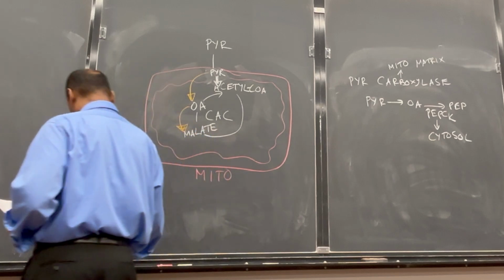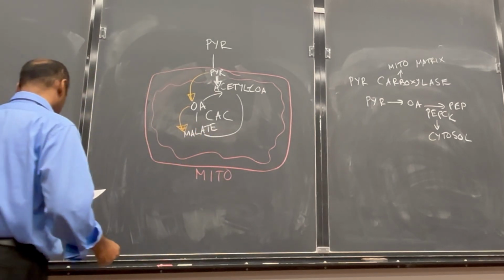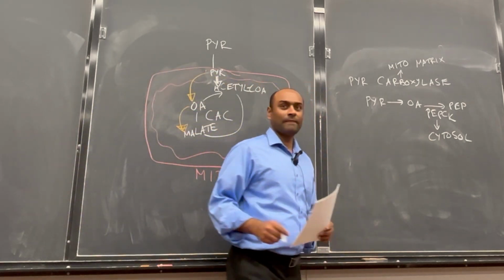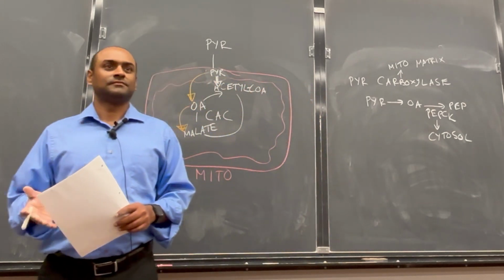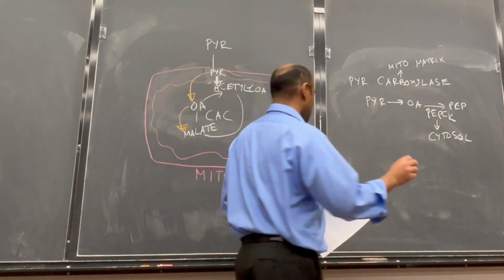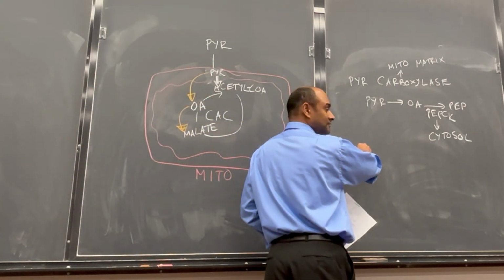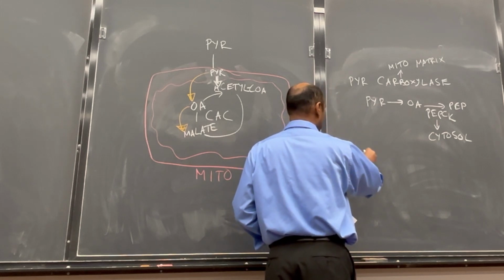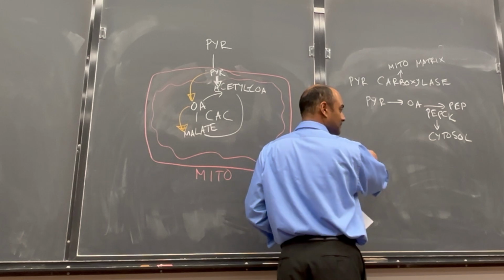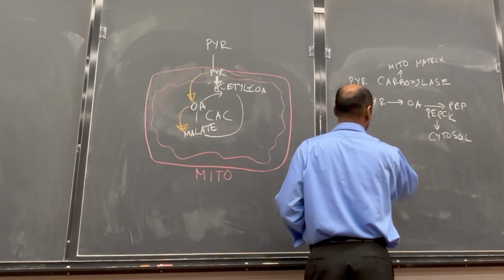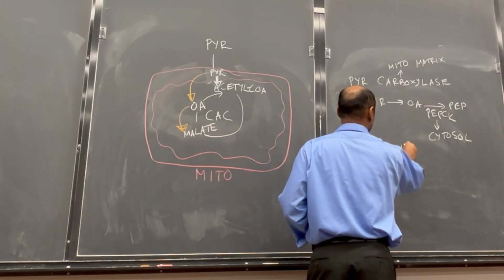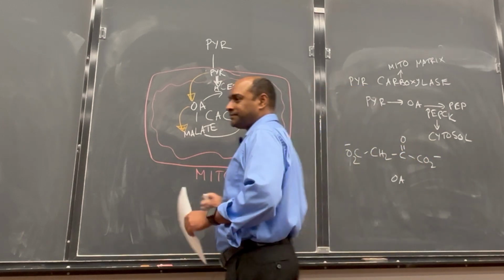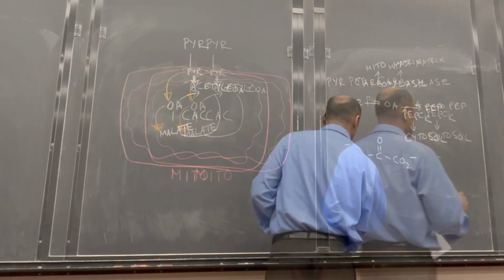Okay. And here, anyone remember the structure of OA? 4 carbons, okay. So how do you start? CO2 minus, okay. That's our OA. And malate is this.